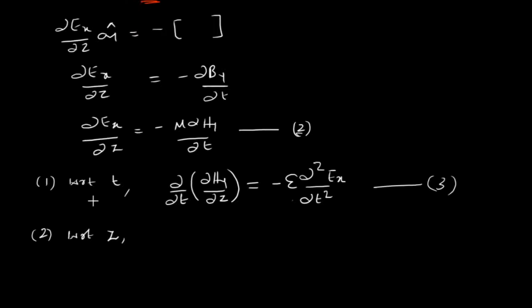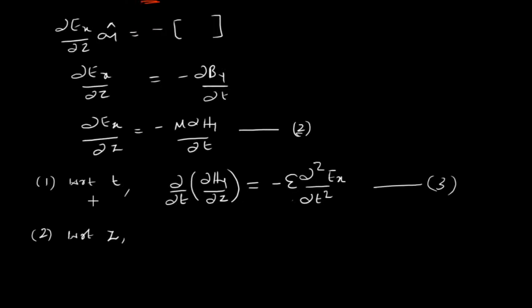Now why particularly t and why particularly z? By this point it should be clear for you. Because the wave varies with space and time. With respect to z, I will get the variation with respect to space. With respect to t, I will get the variation with respect to time. So I need both time and space. And it is z because you know that the wave is traveling in z direction. That's why I did not take x or y.